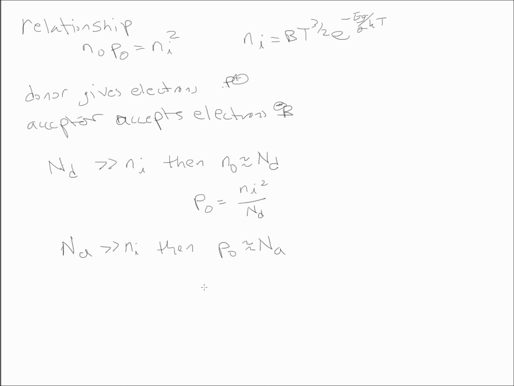And so your number of electrons for a p-type semiconductor at equilibrium is going to be equal to the intrinsic concentration squared divided by the number of acceptors.